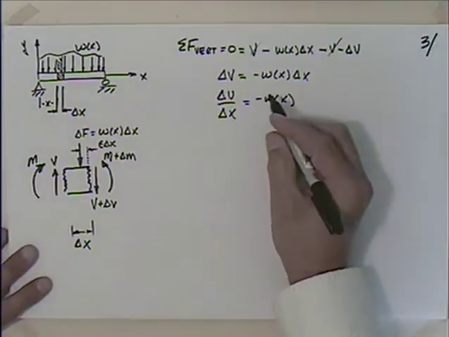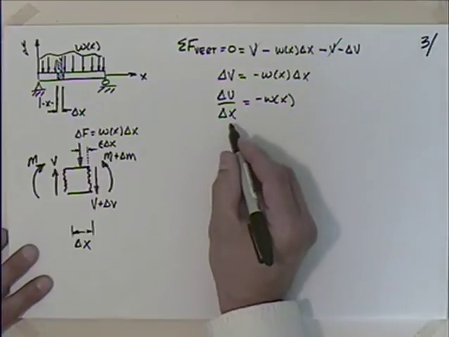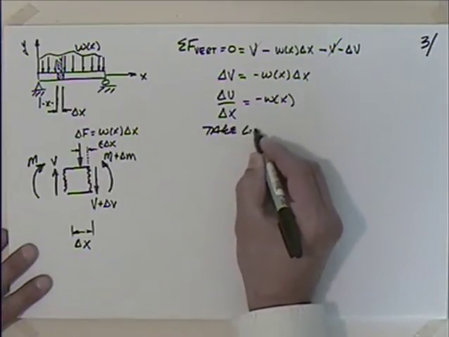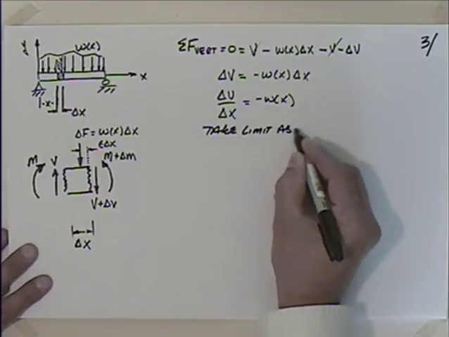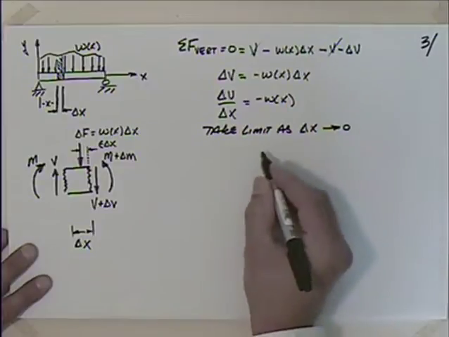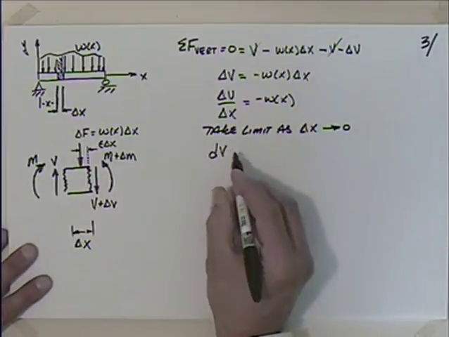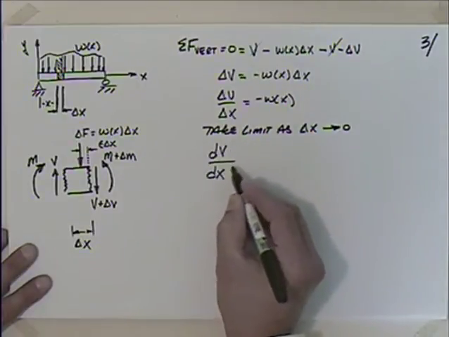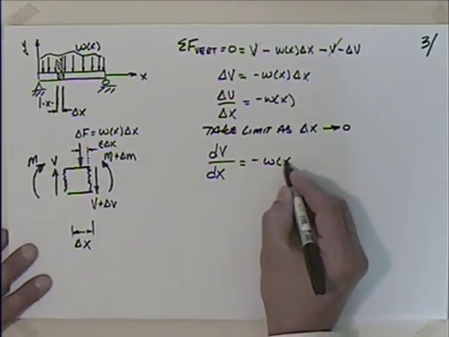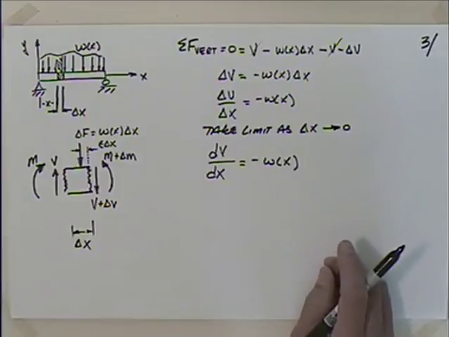And like you probably did many times in calculus, I'm going to take the limit as delta X goes to 0. And I come up with dV over dx is equal to minus W of X. Okay. Well, what's that say in plain English?